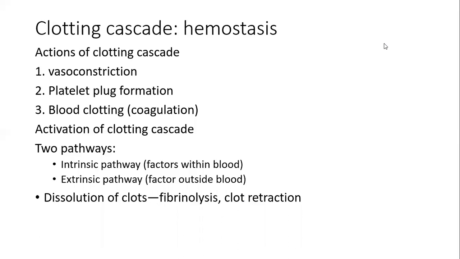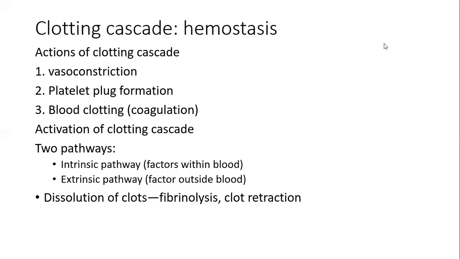Then blood clotting happens. Again, like with the complement cascade, there are different ways that this cascade can be triggered. There's the intrinsic pathway, which is triggered by factors within the blood, and the extrinsic pathway, which is triggered by factors outside the blood.